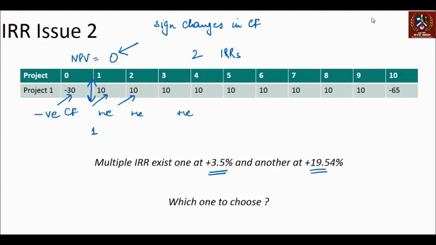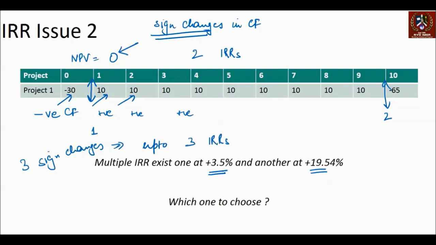And in this particular case, at the end, there is another sign change. So that's sign change 2. Typically, whatever is the number of sign changes in the cash flows, positive becoming negative or negative becoming positive, you can have up to that many IRRs. So if there are 3 sign changes, then you can have up to 3 IRRs, right?